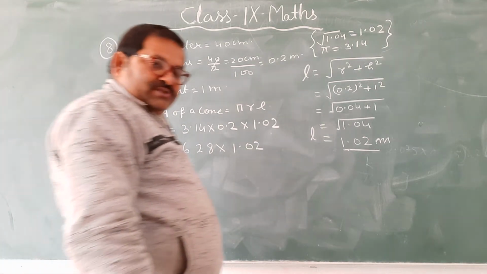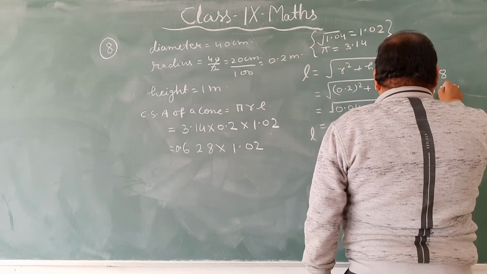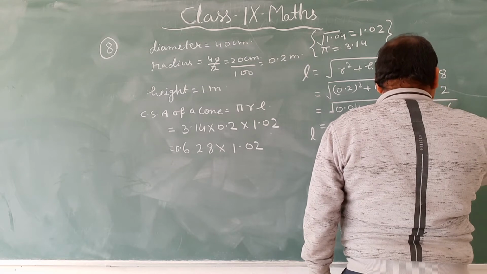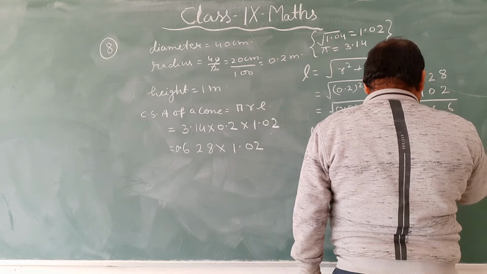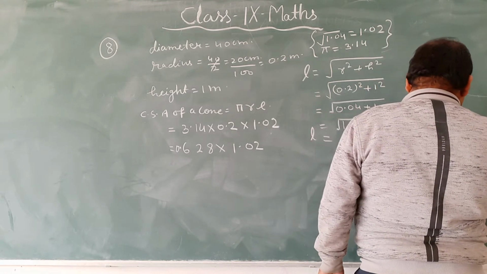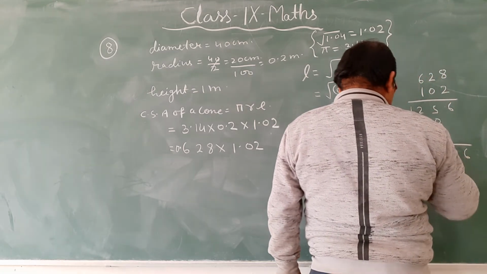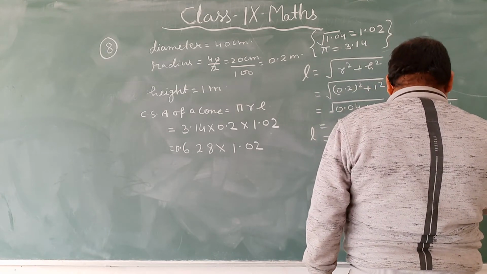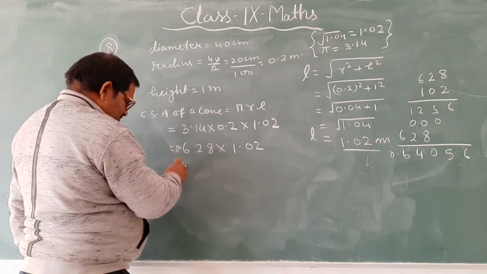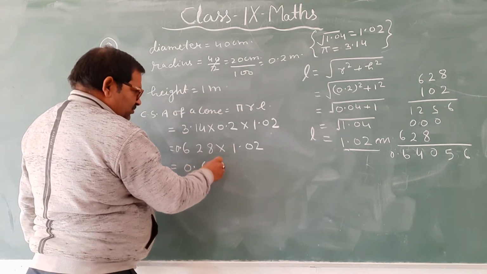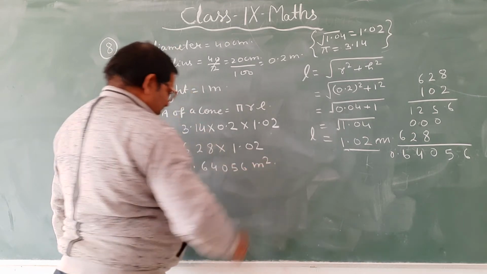We multiply 628 by 102. The result is 0.64056 meter square.